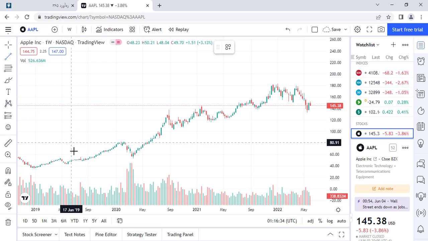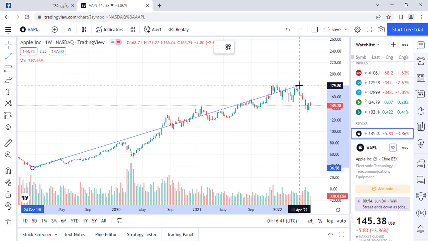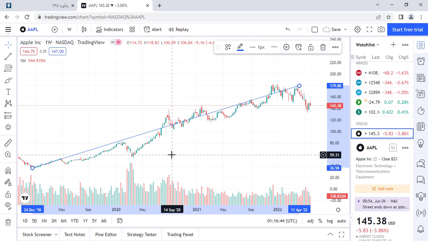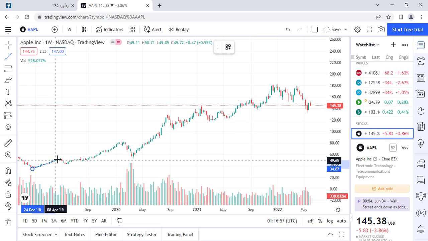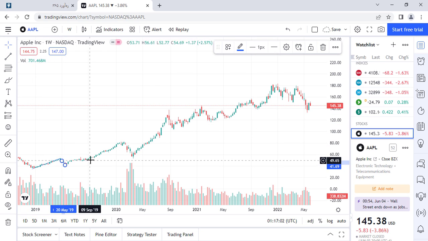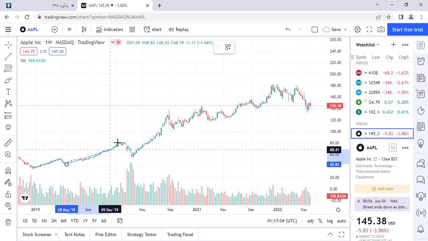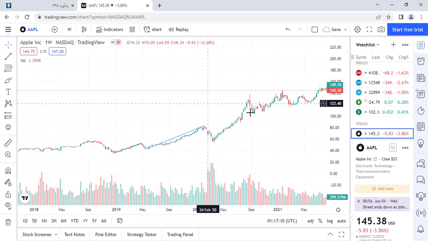The price doesn't move like this. Mostly prices have a zigzag movement. It comes from here to here, and from here to here, and also from here to here. The movements are not like a straight line.